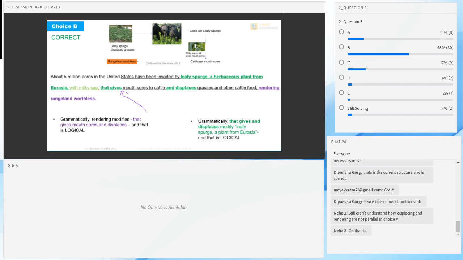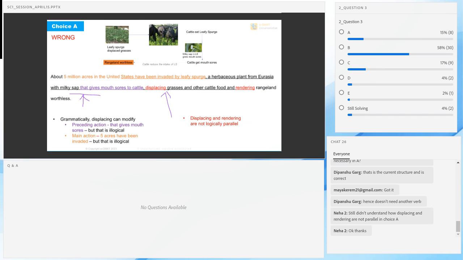Now, Neha, let me come back to your question here. You're saying, why are displacing and rendering not parallel in choice A? They are grammatically parallel. Both are verb-ing modifiers. But logically, that's where you have to think about displacing grasses and rendering rangeland. If you had "and therefore rendering rangeland worthless," then this sentence would have been fine.